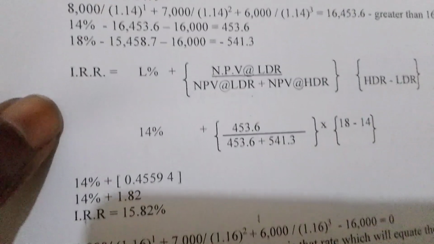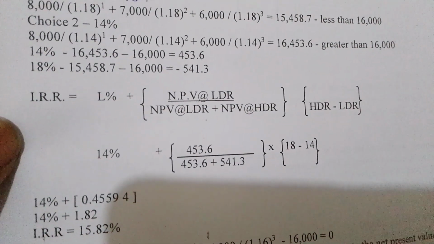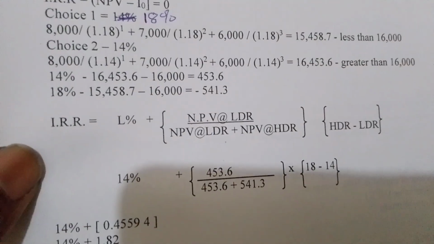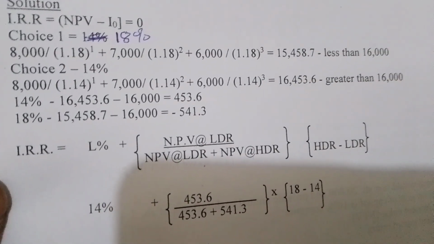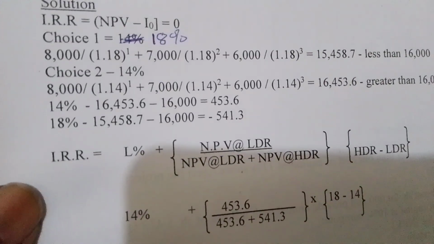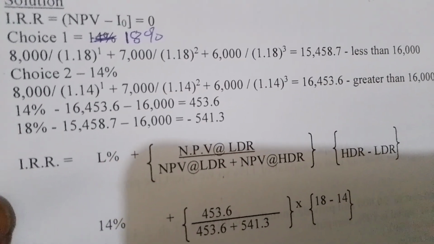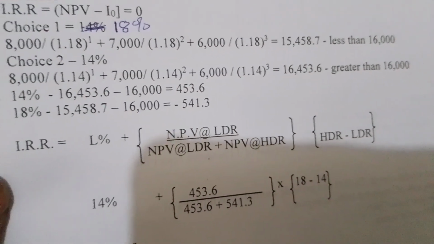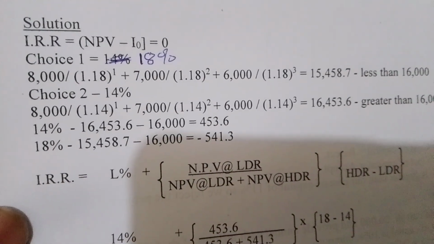Now once you have gotten that, the next thing is to apply this formula. You see that formula there: IRR is equal to L% plus the net present value produced by the low rate, and so on. Remember now you have gotten 20% and also 15%, so your L% will be 15%.